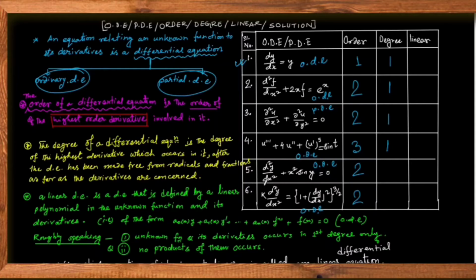For the fifth equation, the highest order derivative is d²y/dx² and whose power is what? 1 again. So degree is 1. For the sixth equation, we have to rationalize this. So square it on both sides. That means k² times (d²y/dx²)² equals (1 plus (dy/dx)²)³.